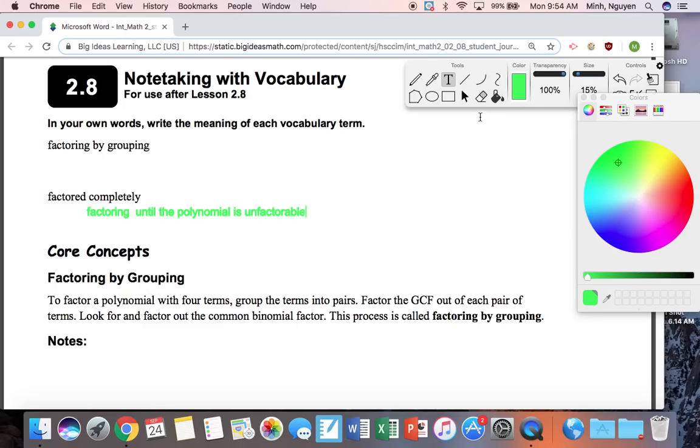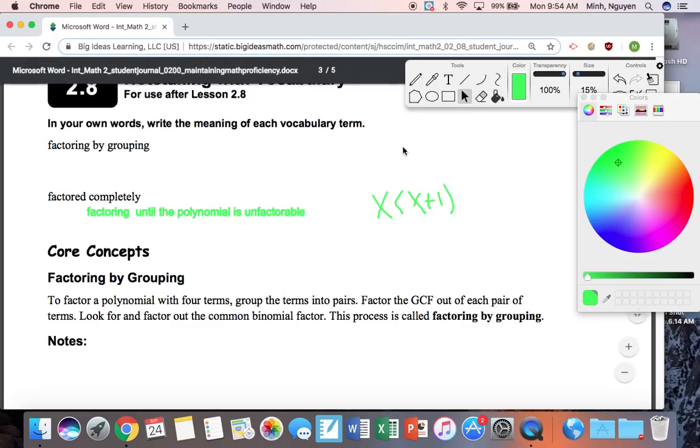Well, if we look at something like this, x times x plus 1, you just develop a sense for when there's nothing else to do anymore.